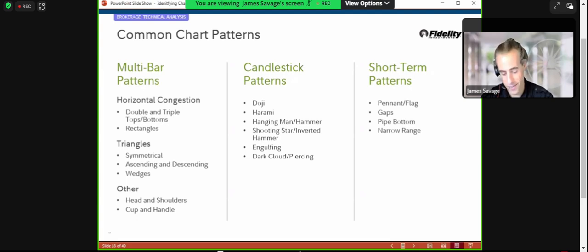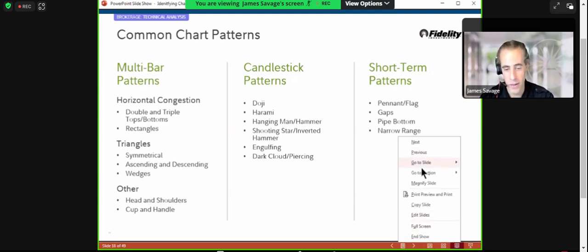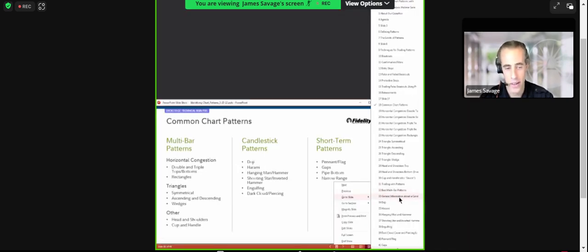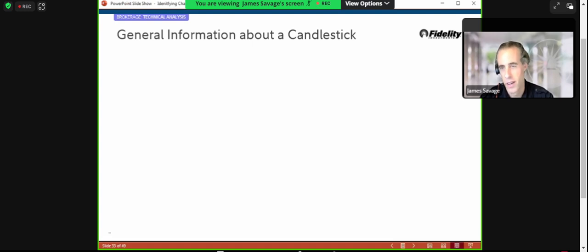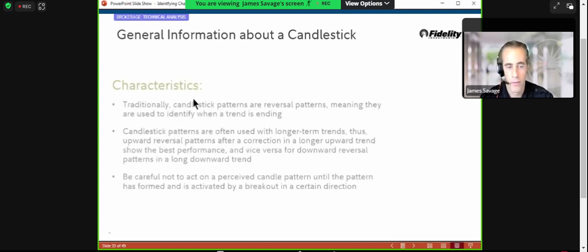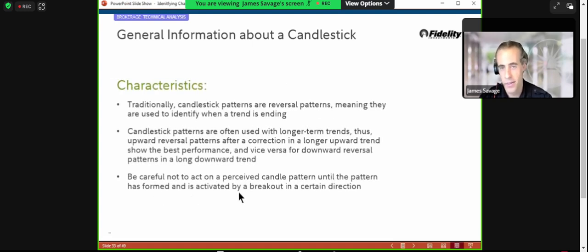So we'll try to keep it more introductory, and again, with some of the more popular ones that exist. Starting with the first one, I'm going to need to jump over to our general information about candlesticks, just for a quick review here. As Andrew talked about, these have been in existence for quite a while, originating with rice traders. And traditionally, candlestick patterns are reversal patterns, meaning they are used to identify when a trend is reversing.